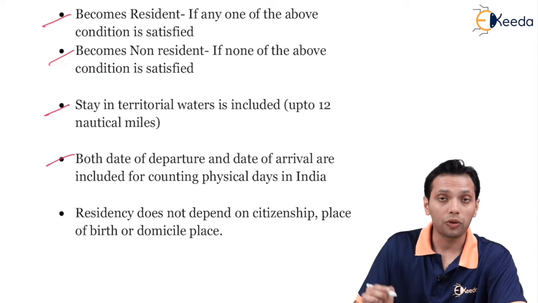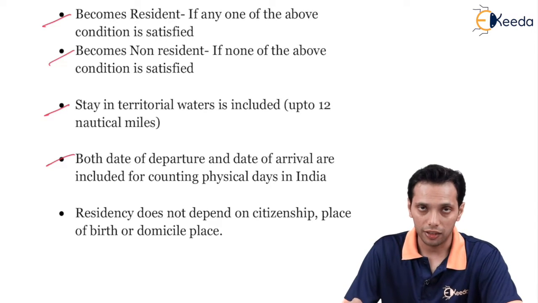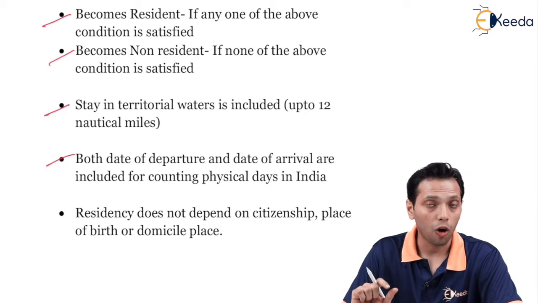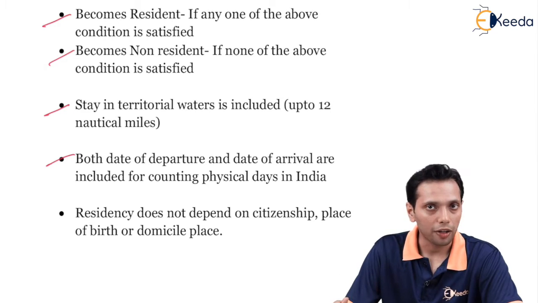For the purpose of counting the number of days, both the departure date as well as the arrival date will be considered. For example, a person is arriving in India on 1st of April via airplane and is departing from India on 5th of April.